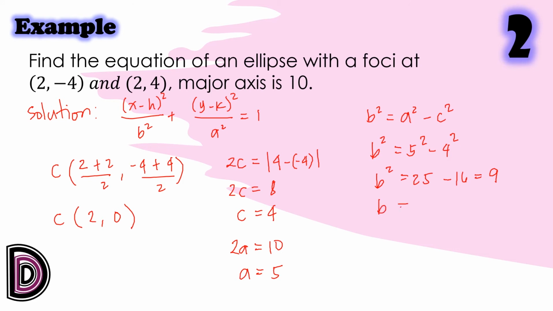Hence, we have b is equal to 3, and the equation of the ellipse will be (x − 2)² over b², that is 9, plus (y − k)², and k is 0, so we have y² over a², that is 25, equals 1.